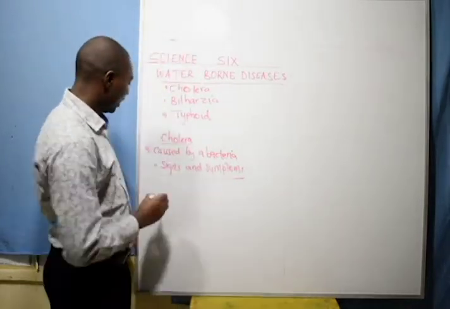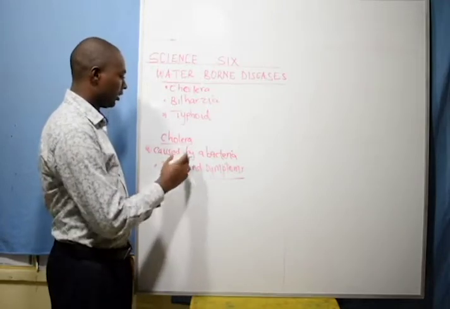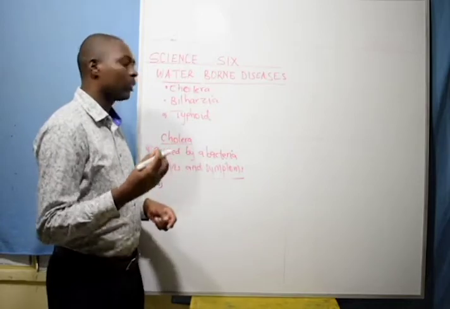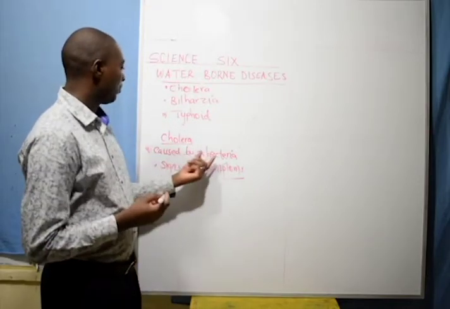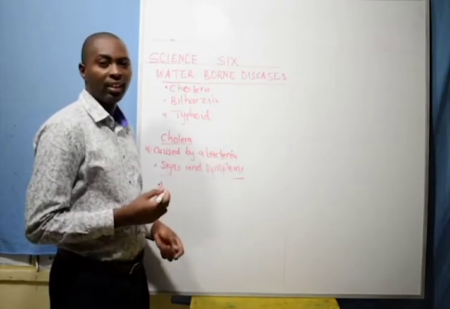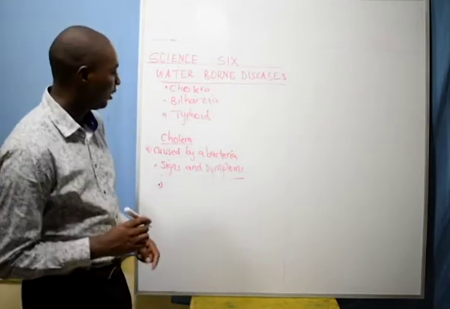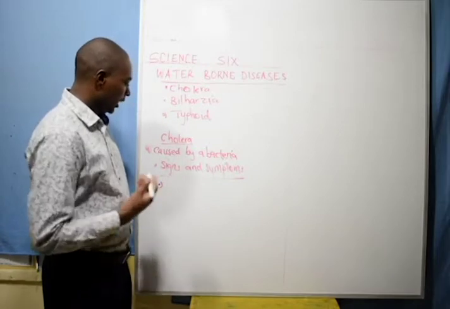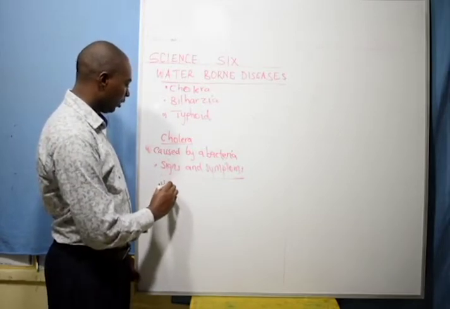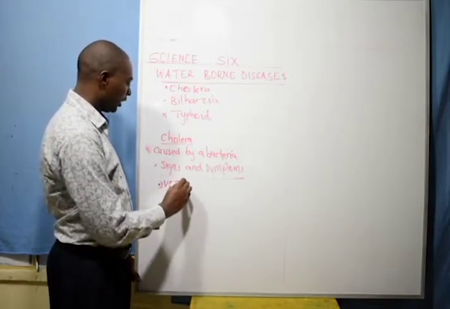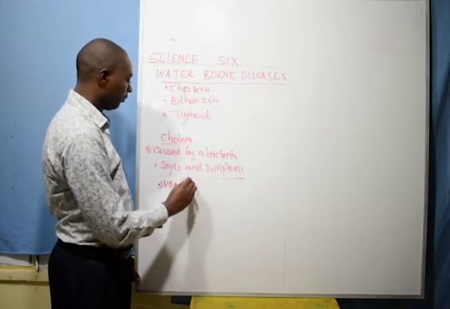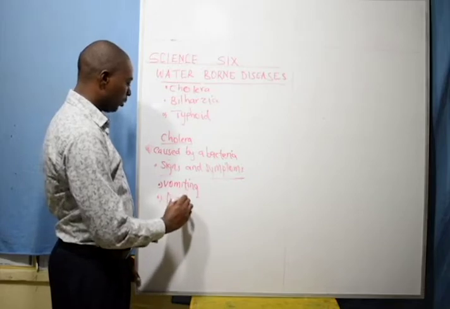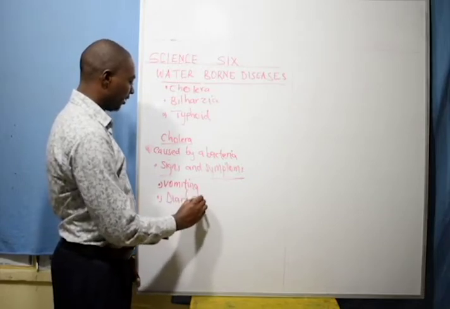Number one, once one has consumed contaminated water, it has the cholera bacteria, known as Vibrio cholerae. What they cause in the body is that the person develops severe vomiting. The person vomits severely.